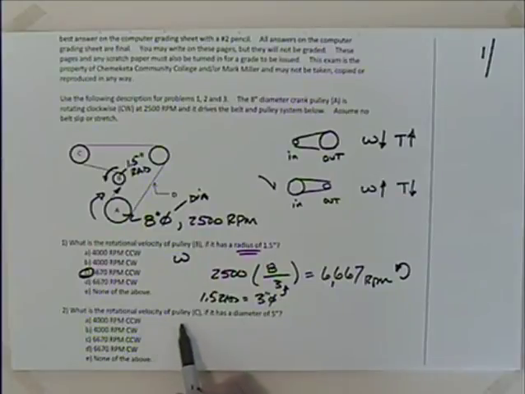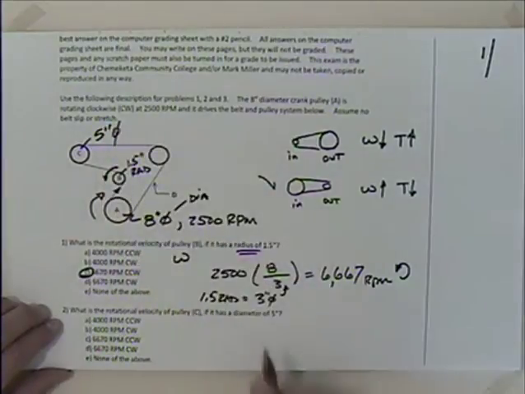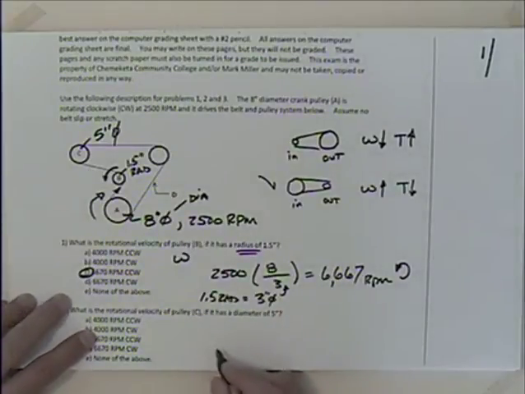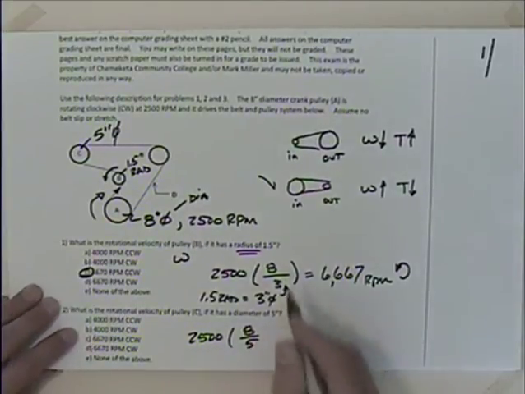Well, what's the rotational velocity of pulley number C if it has a diameter of 5 inches? So 5-inch diameter. So again, we are still driving from a larger 8-inch to a smaller 5-inch, so it's going to speed it up, but just not as much. 2,500 times 8 over 5. Those are both diameters.